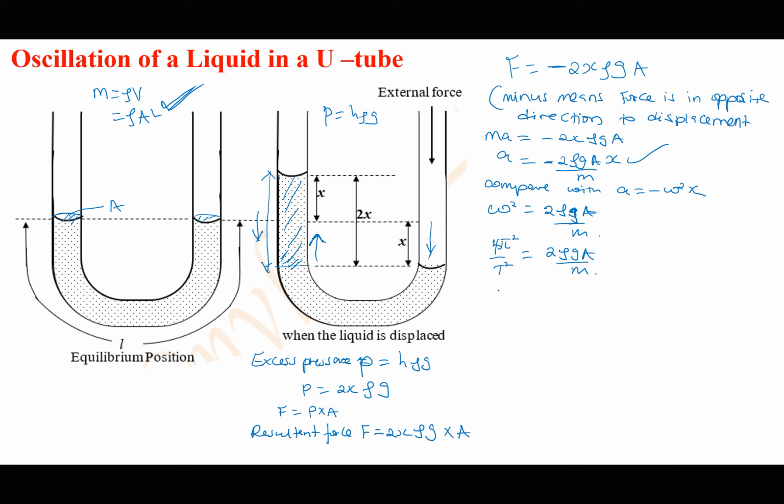I'm trying to find the period. So the period is going to be equal to 2 pi square root, reciprocal was m over 2 rho g a.